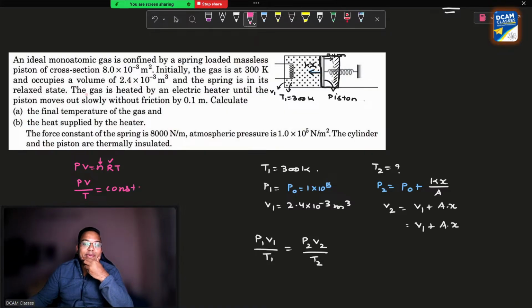When they're heating by an electrical heater, that means they're giving heat from outside, heat is coming inside. So how can it be an adiabatic process? Got it? Yes.